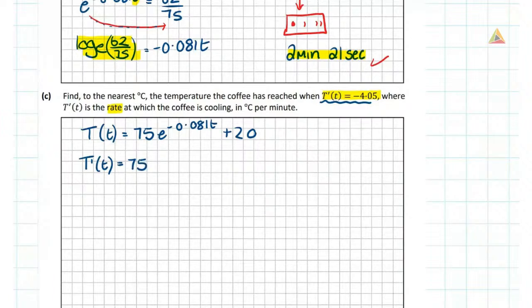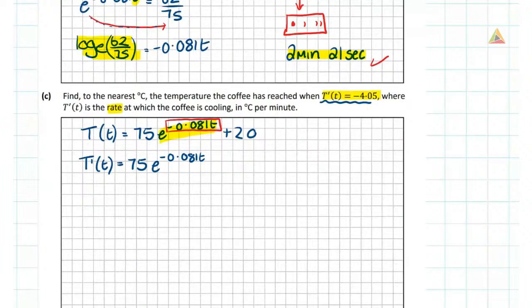Next thing we need to differentiate is this e to the power of, okay? And when we differentiate e to the power of anything, well, it stays the same, so it stays as e to the power of minus 0.081 t, but this is a chain rule question because if you look at your power there, we need to differentiate that as well.